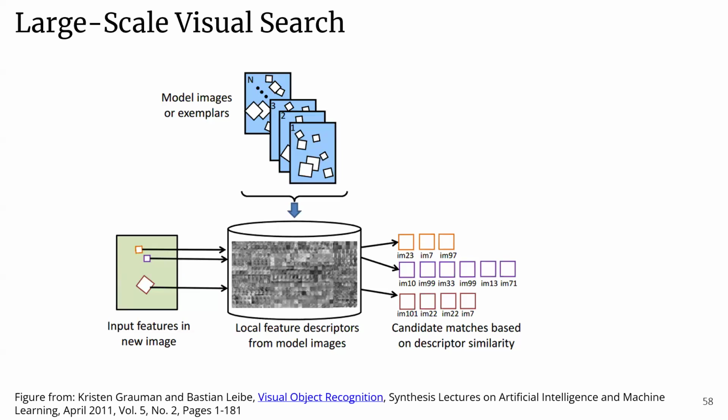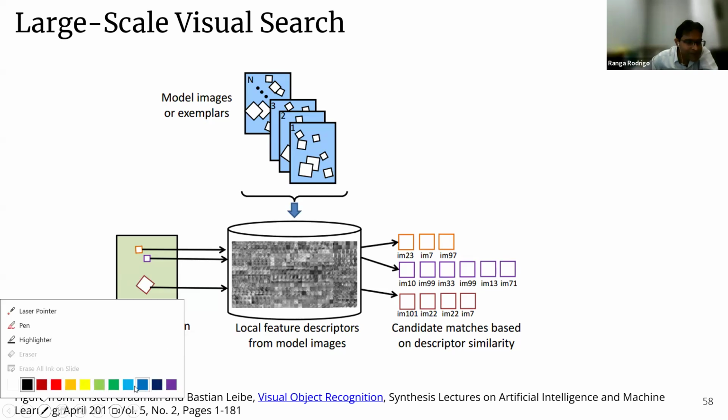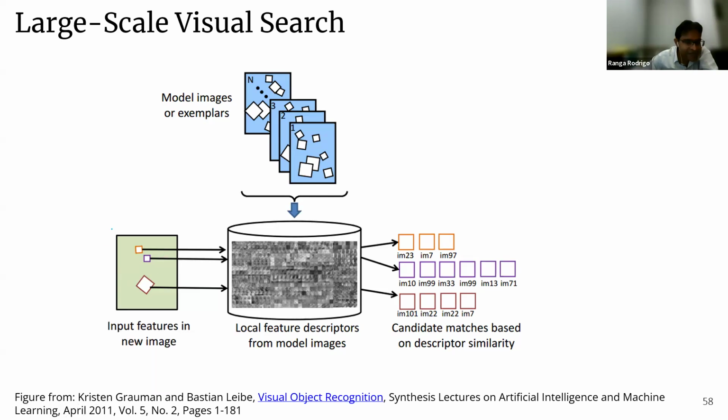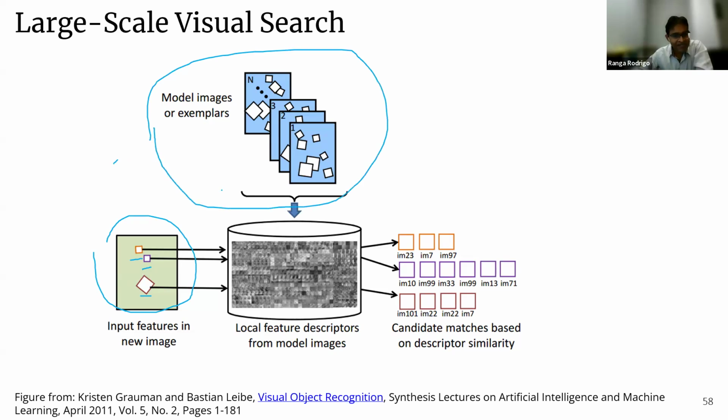Okay, let's see how it's done. These are the features in the input image. You can consider that these are SIFT features in the input image. Now Google, when it had time offline, for each of the images on the internet, computed the features and stored them in a database.